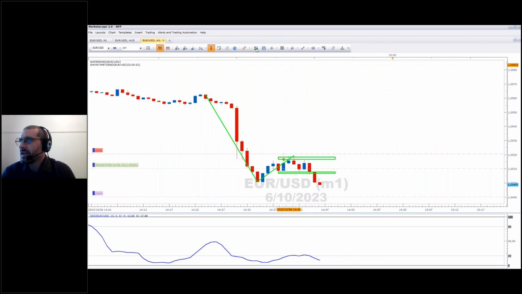Okay, so now we've taken a substantial amount of risk off. Remember, we had 20 pips risk. We're now down to about 10. So we've taken 10 pips of risk off there.